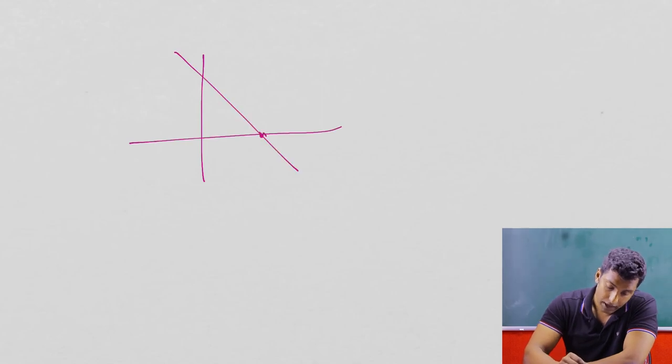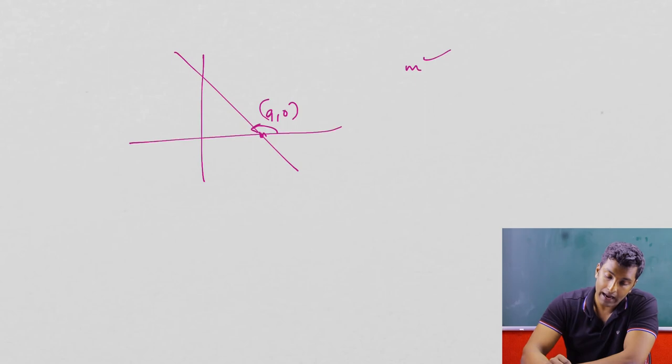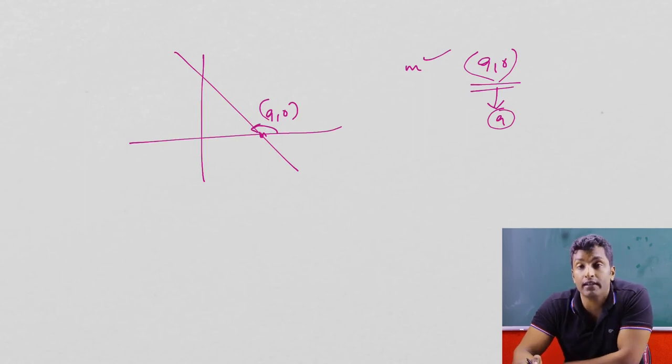Okay, that's it. Now what about in case of x-intercept? Okay, see, you can clearly see if x-intercept is given like this. I'm telling you this point is a, 0. Okay, and I give you the angle also, obviously, then only you will get tan theta and m. So I'll be giving you m and I'll be giving you this point. Once I give you this point, I understood that x-intercept is a. Why? Because x coordinate is a.